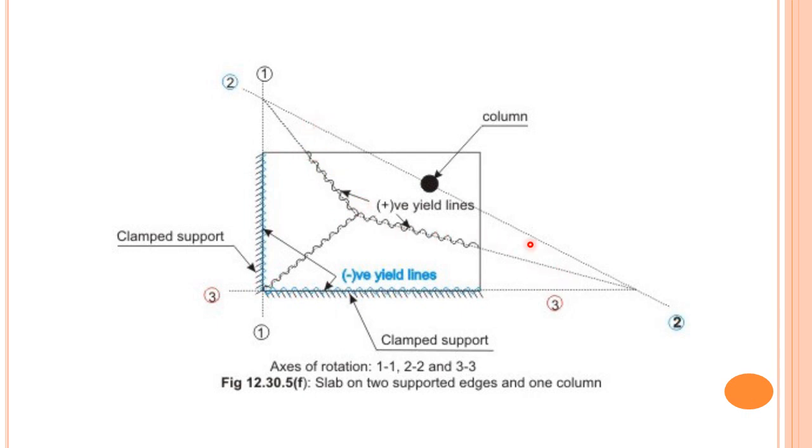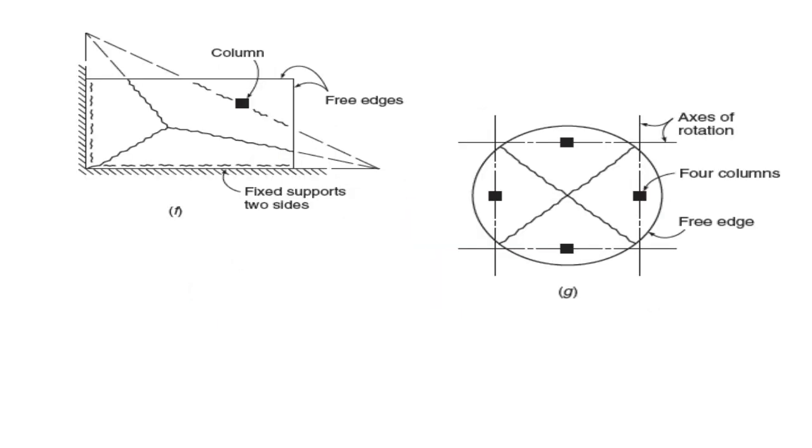Then here also, we have one axis of rotation and another, so the yield line will pass through their intersection, and again it stops here because it is the boundary of your slab. This way we can draw yield line patterns for different geometries and different shapes.